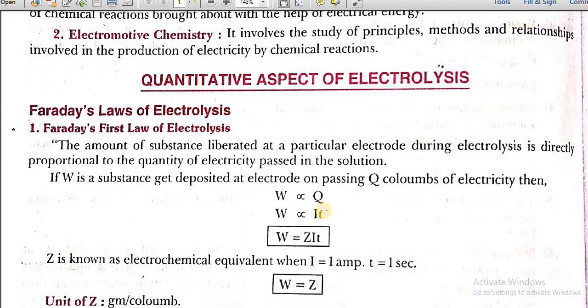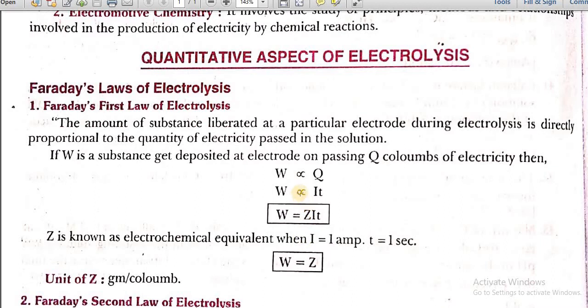And Q, that is the charge in coulombs, is equal to current into time. So in place of Q we can replace it with I T. So W equals, when you remove the proportional sign, Z into I into T.